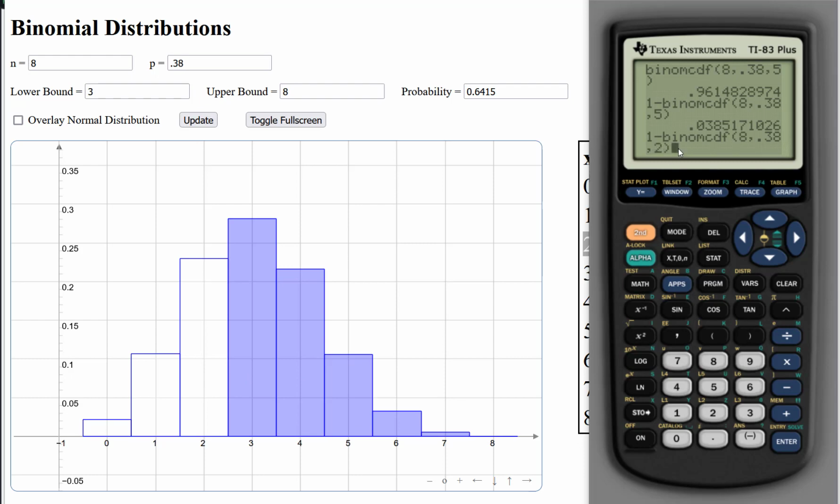And that's going to be confusing if you don't think about this, or at least sketch this out to see it, because it's tempting, because the question involves the value 3, to throw a 3 in there, but we're not using the 3 in this case. We're using 2. That gives me the 0.6415, exactly what has shown up right here. So that's how we use the calculator in this case.